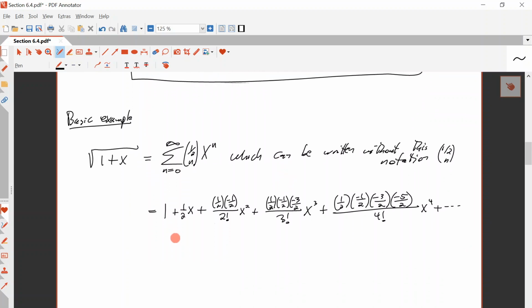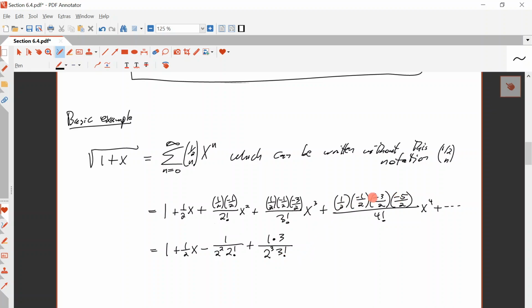So let's simplify this expression. 1 plus 1/2 x minus 1 over 2 squared times 2 factorial. And then this one is going to be plus 1 times 3 over 2 to the third times 3 factorial.